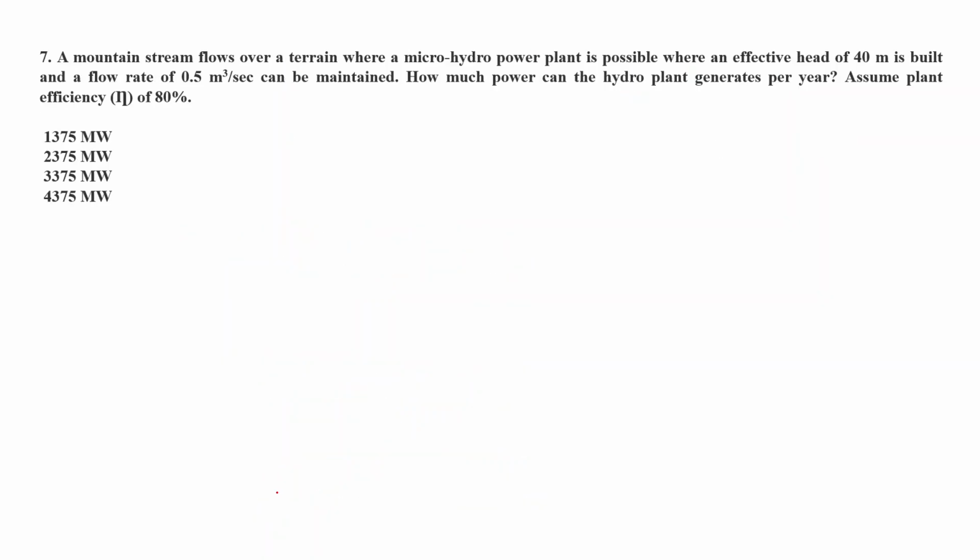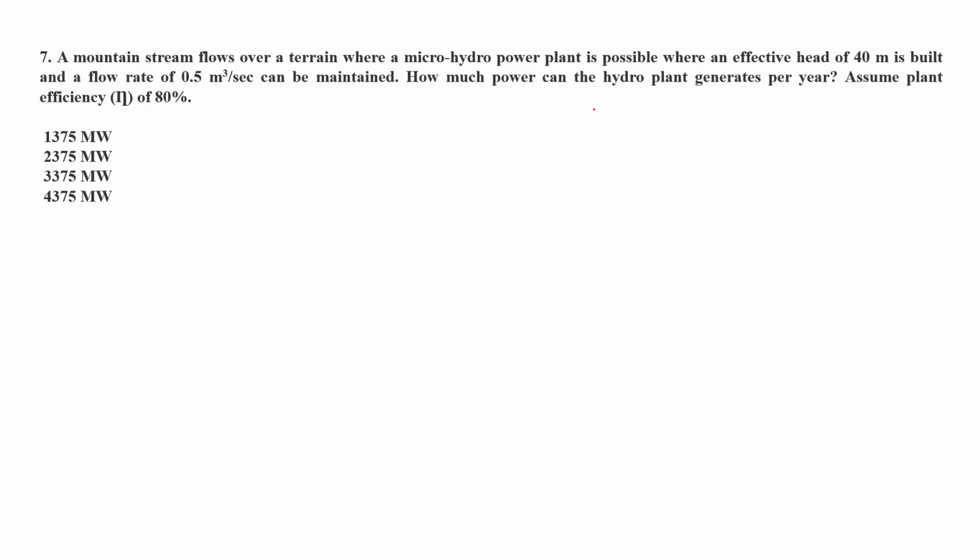Okay. Coming on to the next question. A mountain stream flows over a terrain where a micro hydropower plant is possible, where an effective head of 40 meter is built and a flow rate of 0.5 meter cube per second can be maintained.